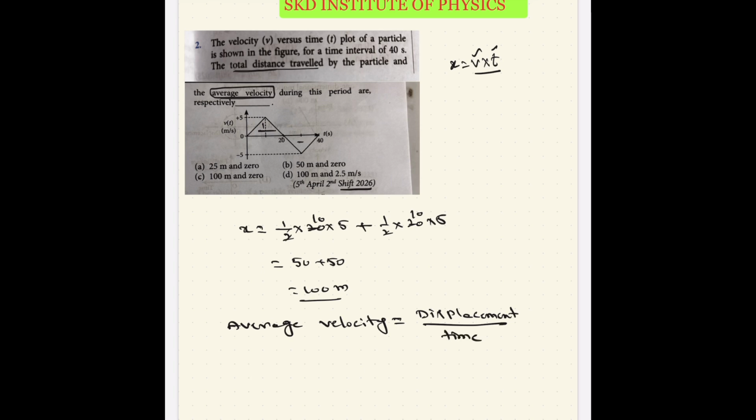Remember, for total displacement, if you observe carefully, this area and this area have the same magnitude. Then the total displacement means we should take the first one as 50 minus 50. Because displacement may be positive, displacement may be negative, displacement may be equal to 0, but distance is never negative.